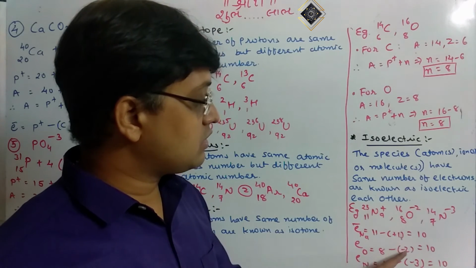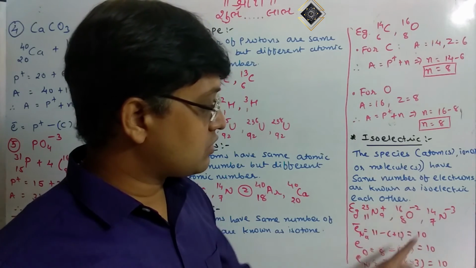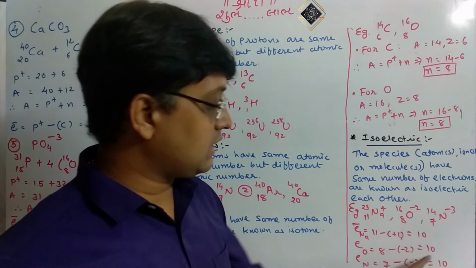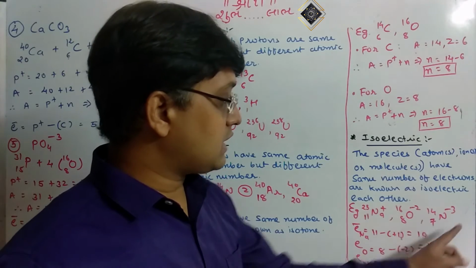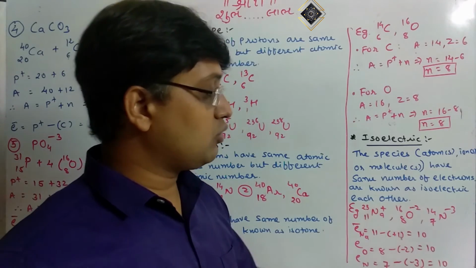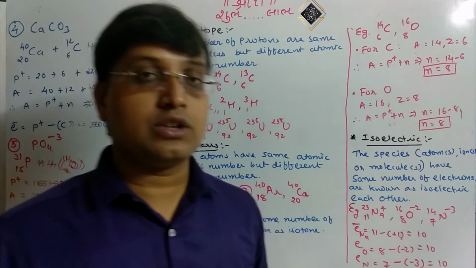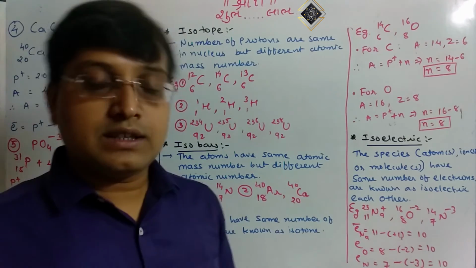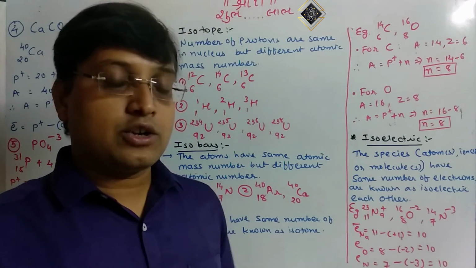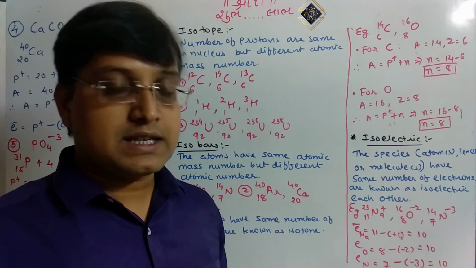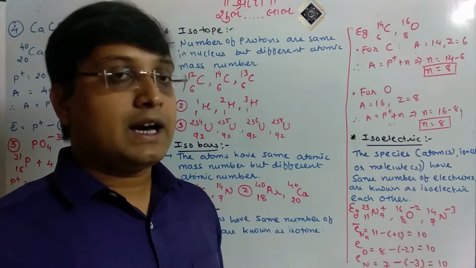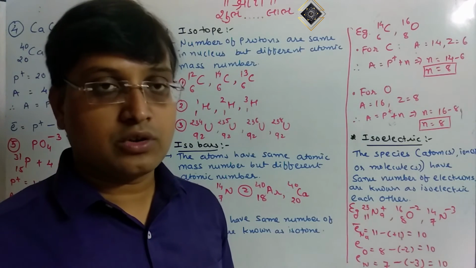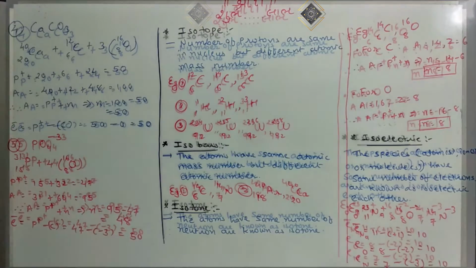Oxygen: 8 minus the charge, which is minus 2, minus minus becomes plus, so 10. Electrons for nitrogen: 7 minus of minus 3, the charge of nitrogen that we have, so that is equal to 10. They have the same number of electrons, so they are known as isoelectronic of each other. These are the simple definitions: atomic number, atomic mass number, atomic weight, isobar, isotone, isotope, isoelectronic. Clear? Okay, right on.